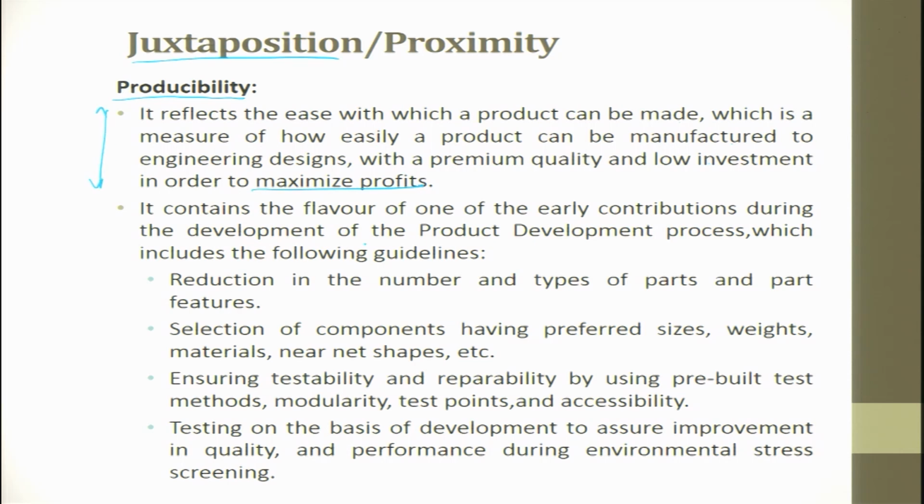It contains the flavor of one of the early contributions during the development of a product development process, which includes the following guidelines: reduction in the number and type of parts and the part features, selection of components having preferred size, weight, material, near net shape, ensuring testability and repairability by using pre-built test methods, modularity, test points and accessibility, and testing on the basis of development to assure improvement in quality and performance during environmental stress and screening.